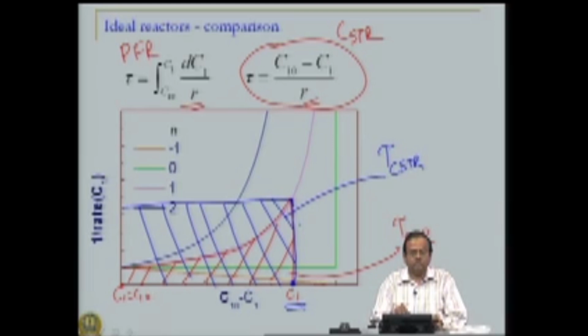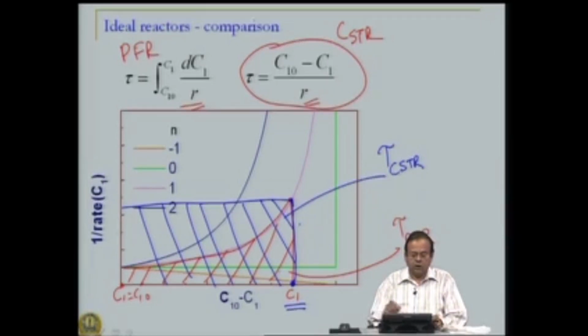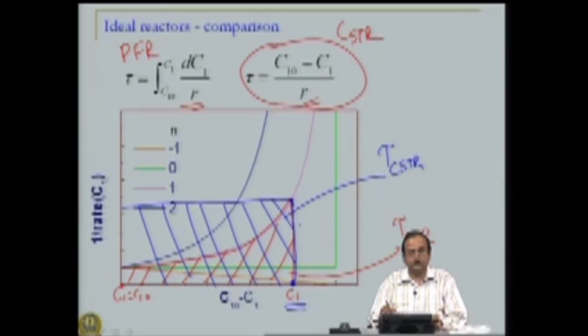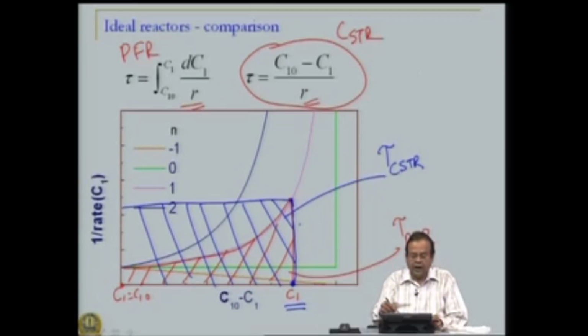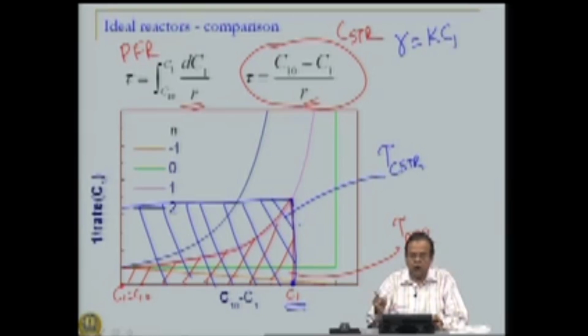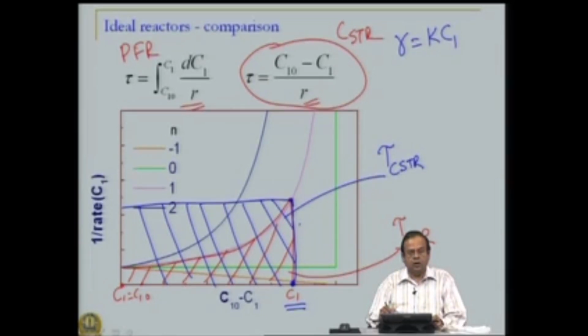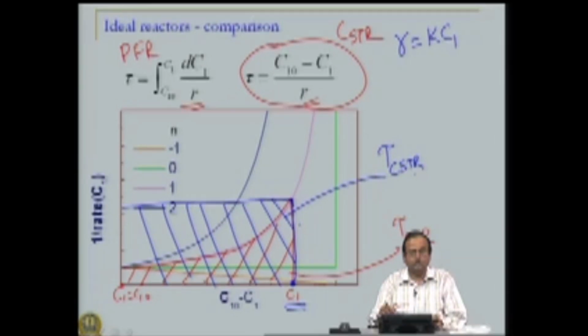It is clear from this representation that the plug flow reactor gives us lower residence time compared to the stirred tank reactor. So, for a reaction which is first order, r equal to Kc1, my plug flow reactor results in lower residence time as compared to a stirred tank reactor for achieving the same degree of conversion.